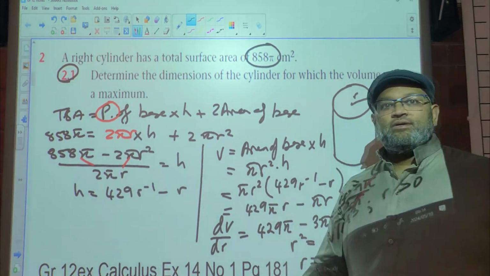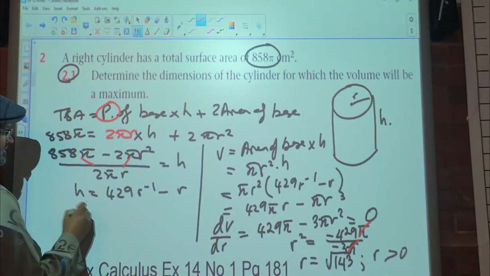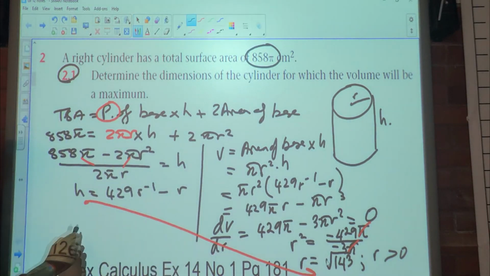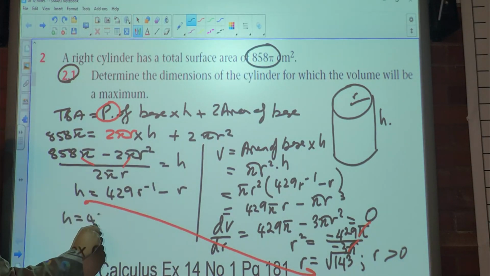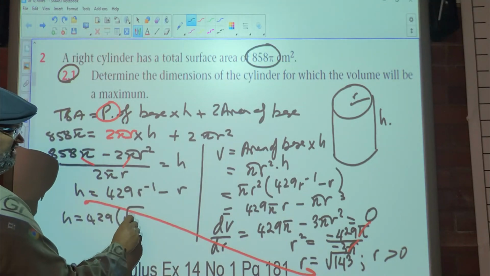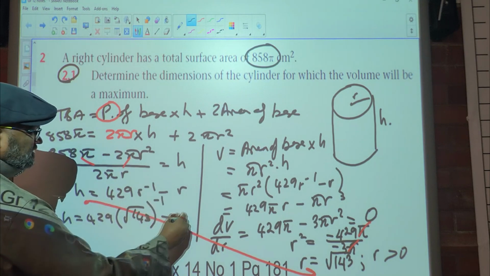Is that correct? Okay. So what do we do from here? We work out our height. So height is equal to 429 times the square root of 143 to the minus 1, minus the square root of 143.